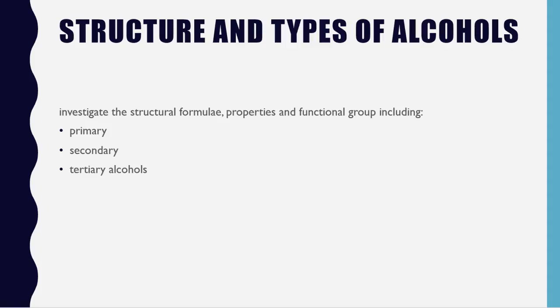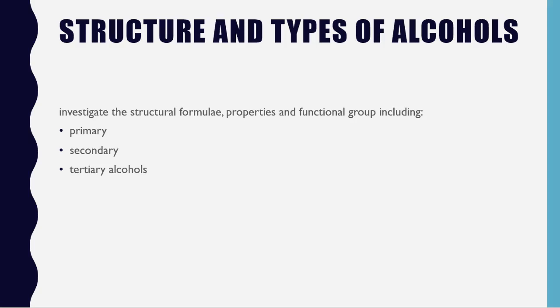Today we're talking about our outcome about our structural formula, properties and functional groups, including our primary, secondary and tertiary alcohols. So in our previous lesson we were looking at how we name, using the IUPAC naming system, our different alcohols that we have.